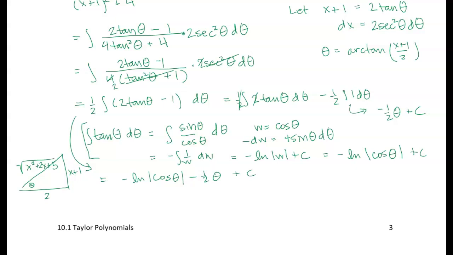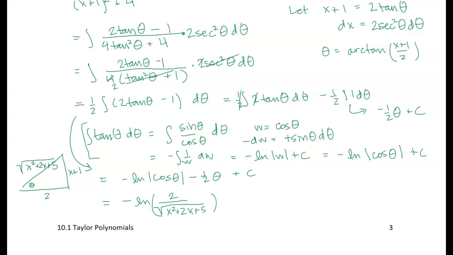All right, so this is going to look pretty ugly. So we get minus natural log of, all right, it's a positive square root, and then it's positive, so I really don't need those absolute value signs anymore. So 2 over the square root of x squared plus 2x plus 5.